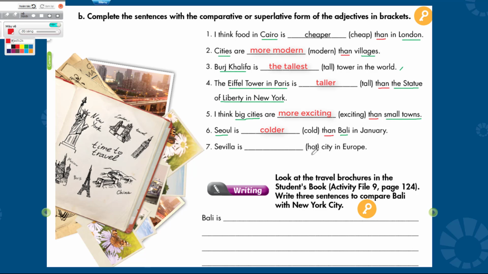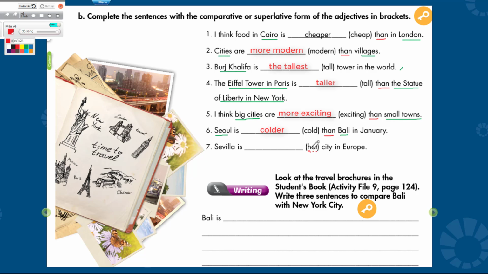Các bạn để ý này, ở đây nè, hot là một tính từ có một âm tiết và nó có dạng là phụ âm nè, rồi tới nguyên âm hot, rồi tới phụ âm. Như vậy, don't forget to double the last consonant before we add er in the comparative, and we add est in the superlative, right?